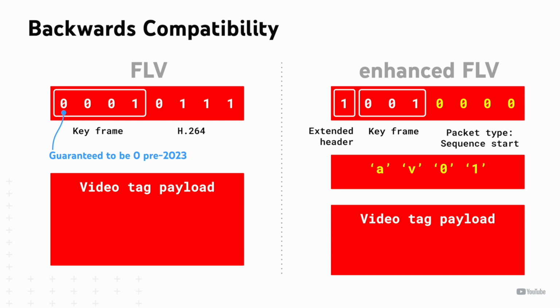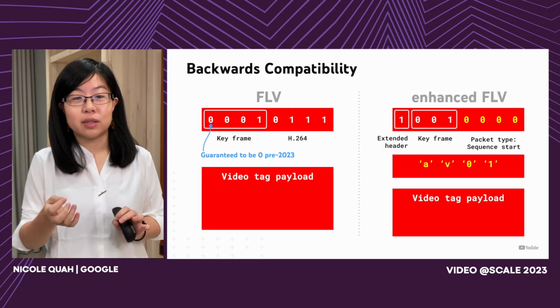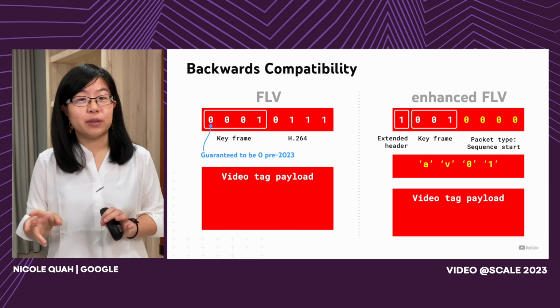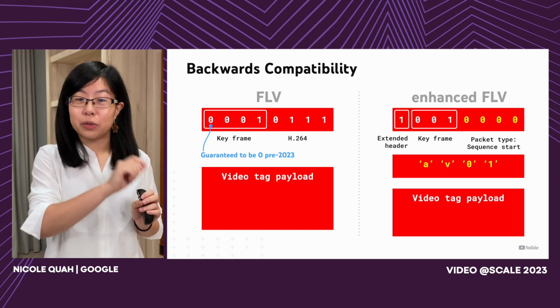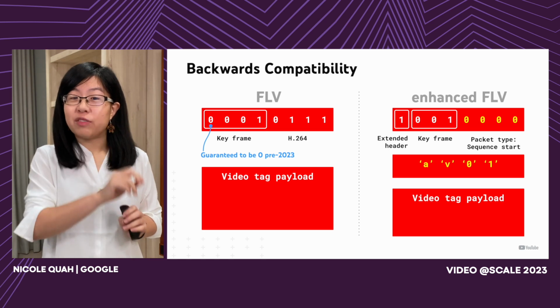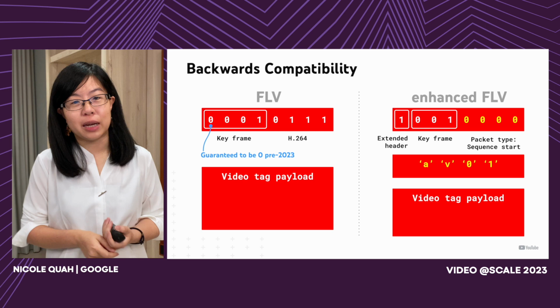From the first 4 bits of the original video tag header, the enhancement says to use the most significant bit of those 4 bits as a Boolean to indicate whether or not an extended header is being used. But the spec is very careful because it ensures that this single bit that's now being used as a Boolean was previously always 0, and therefore is safe to now use in a backwards compatible manner.